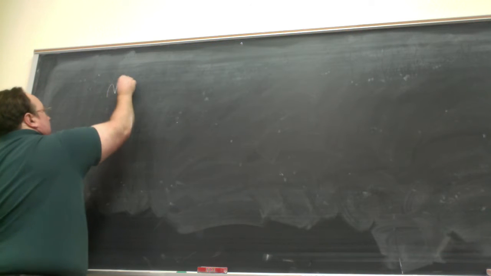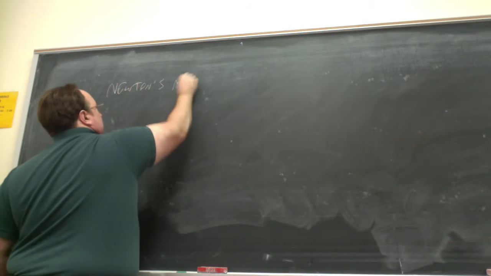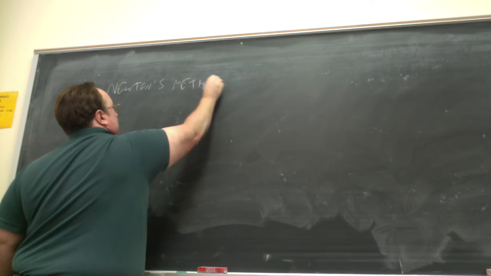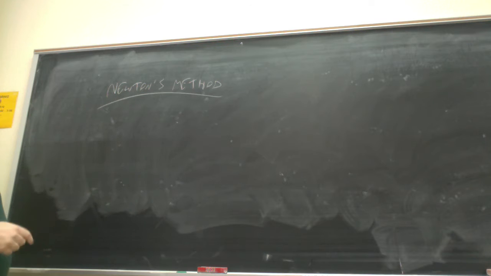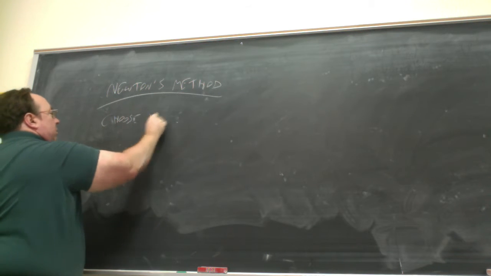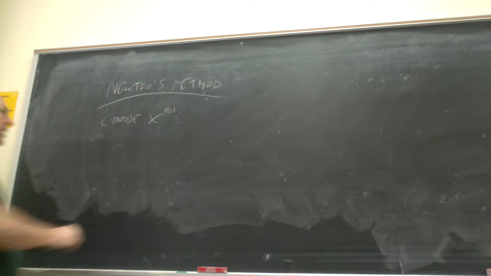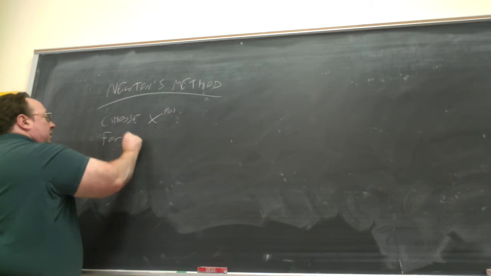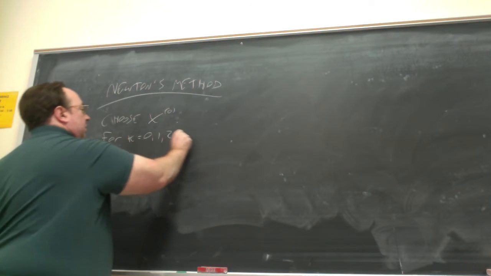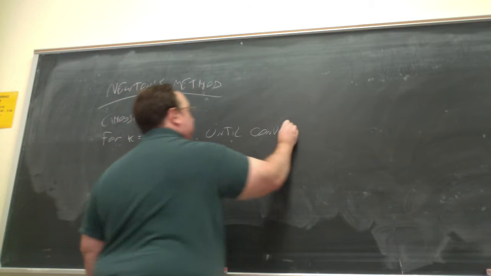Okay, so Newton's method, the algorithm: we choose an initial guess, x naught, and then we have a loop that will keep going until we achieve convergence.